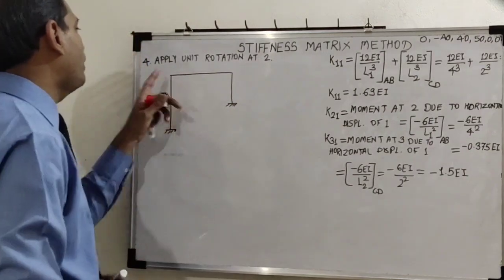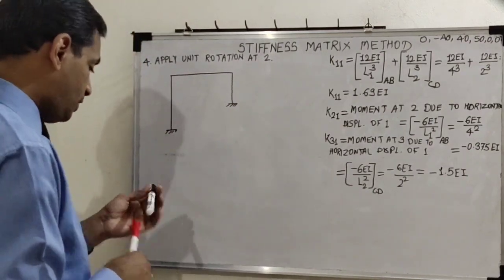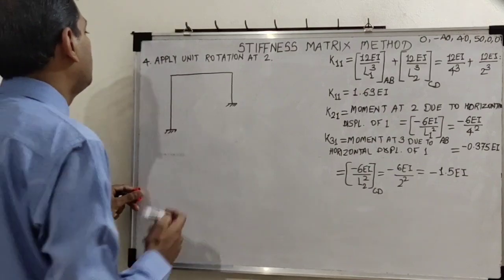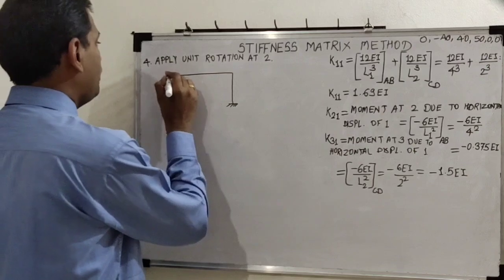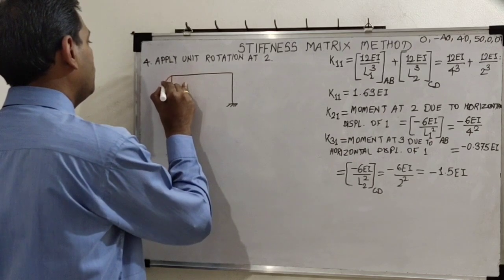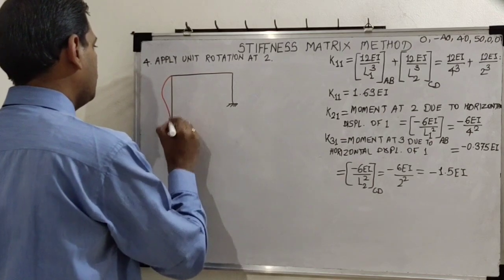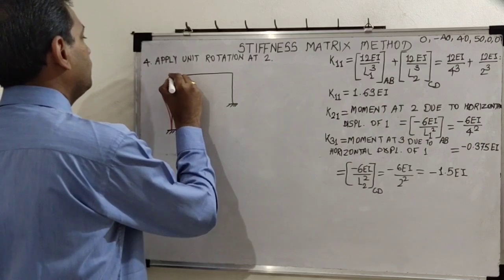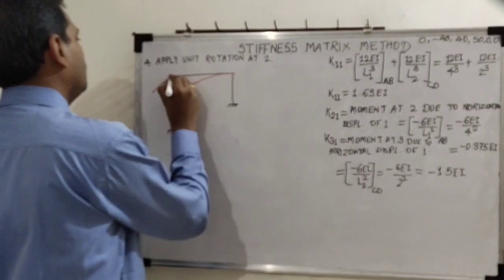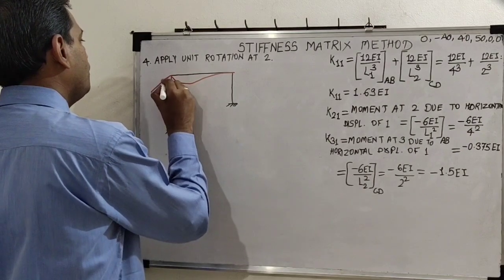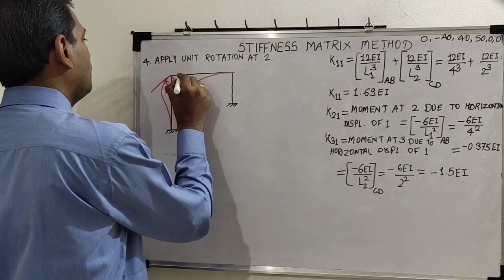So if you rotate joint B, what will be the deformed shape? Let us draw. It is going to be here, clockwise rotation. Okay. So this is 1 radian rotation.